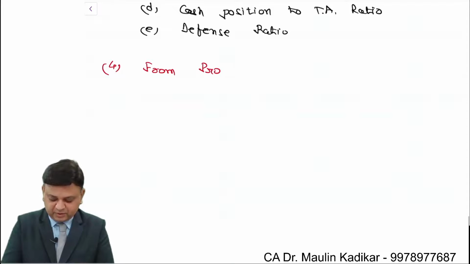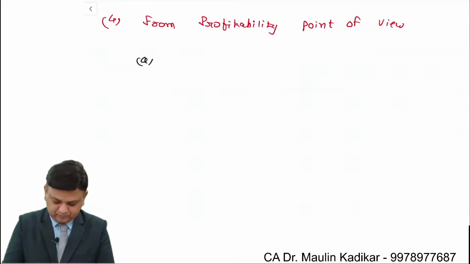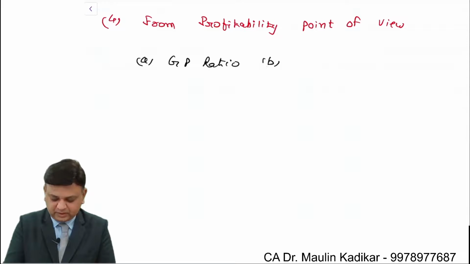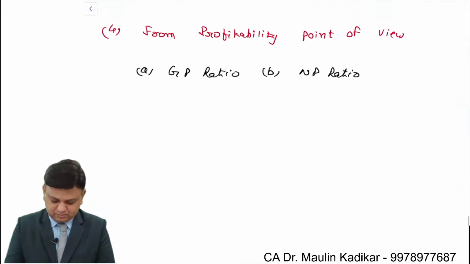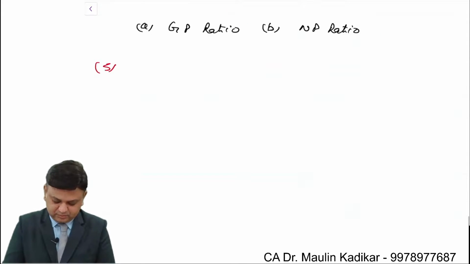From the profitability point of view: A, GP ratio; B, NP ratio. Fifth, activity ratios.